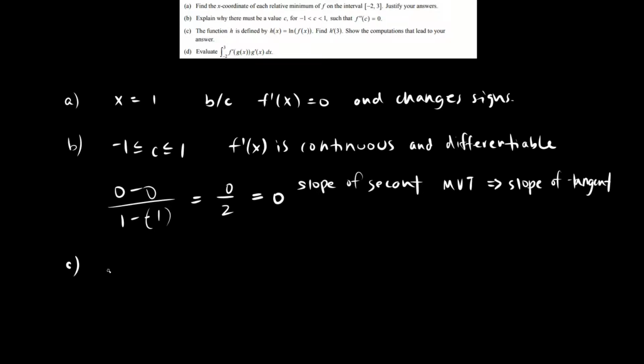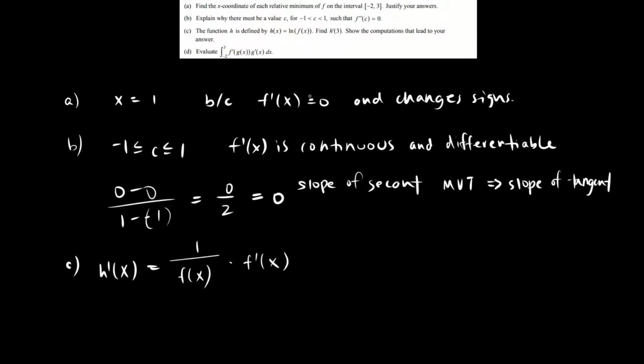So h prime of x is equal to 1 over f of x. But now the chain rule kicks in. The chain rule states that after we take the derivative of the outside function, we have to go inside the compound function. So the derivative of f of x is f prime of x.